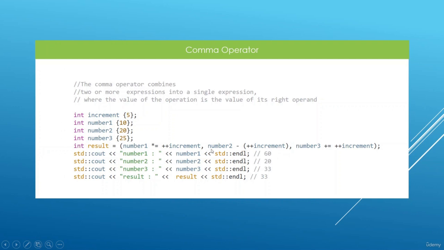Okay, now take a look at the second expression we have. What we are doing, we are taking number 2 and subtracting whatever we have in our increment value after we increment it by 1. So remember, there was a 6 in there the last time we used this thing. Now it's going to become a 7. We are going to take number 2, which is 20, and minus 7, we're going to get a 17. But notice that we're not storing this 17.